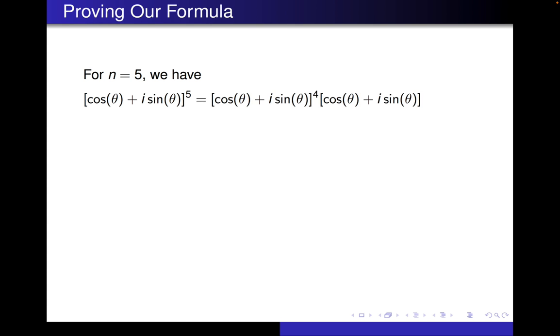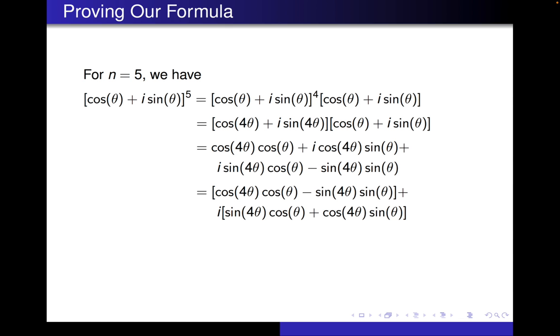We're going to split it up into taking it to the 4th power times whatever the quantity is to the 1st power. We're going to use the formula we just proved for cosine theta plus I sine theta to the 4th power. We're going to FOIL it out. We're going to collect like terms, or collect the real terms together and the imaginary terms together. We're no longer surprised that we end up with the sum of angles formula for cosine and for sine.